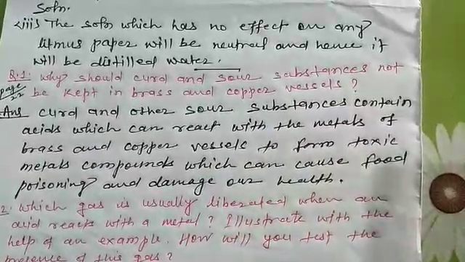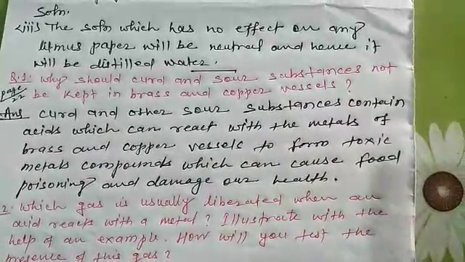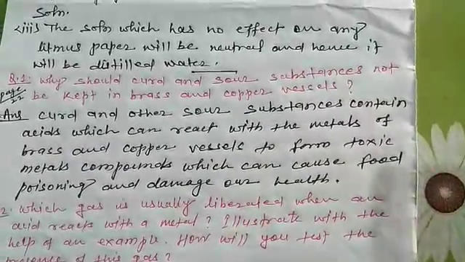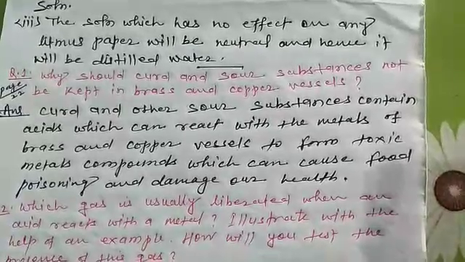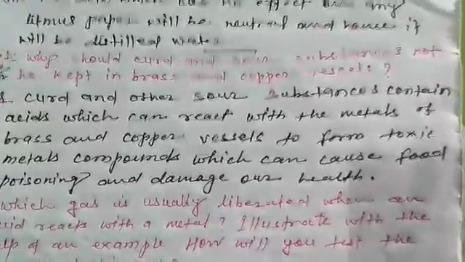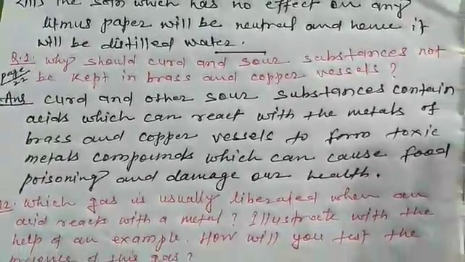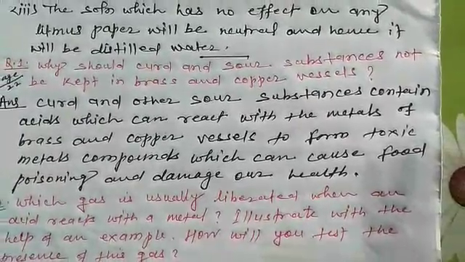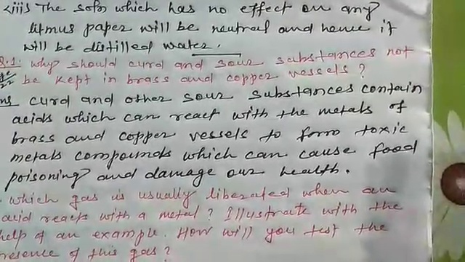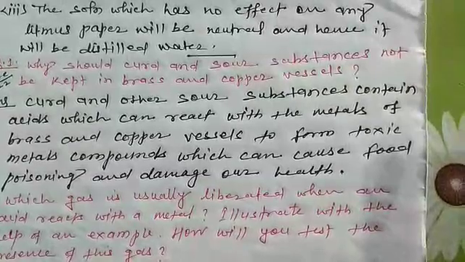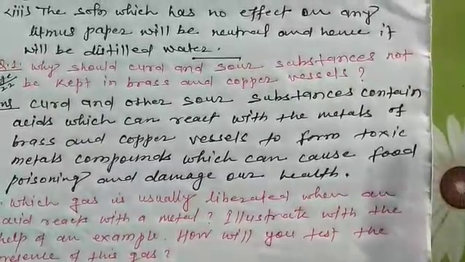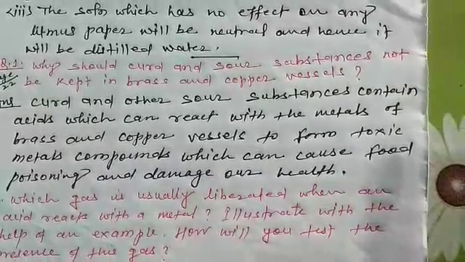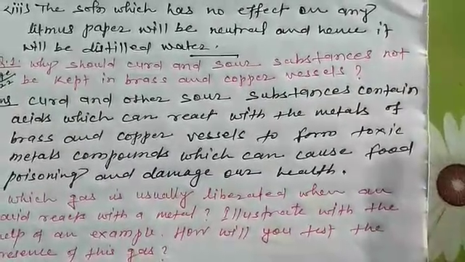Dear students, you know, curd and other sour substances contain acids which can react with the metals of brass and copper vessels to form toxic metal compounds. Toxic metal compounds means poisonous compounds which can cause food poisoning and damage our health.